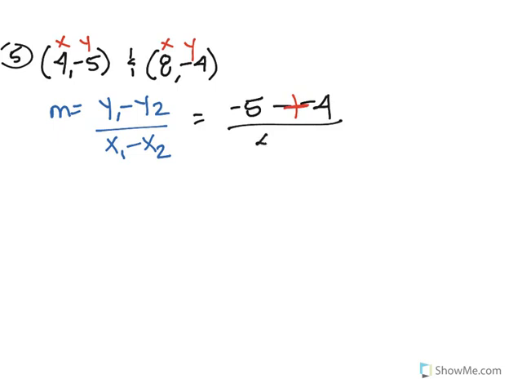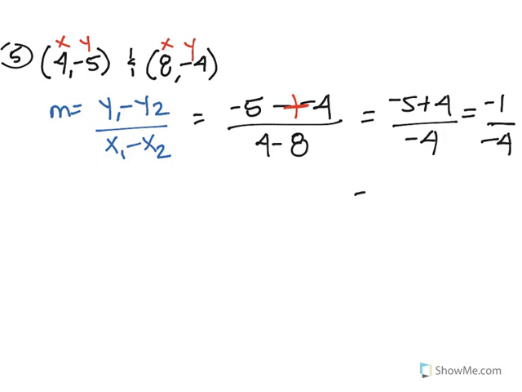Then we have 4 minus 8 on the bottom. So -5 plus 4 is a -1 over 4 minus 8 is -4. And what do the two negatives make? A positive 1/4. Y'all see that?